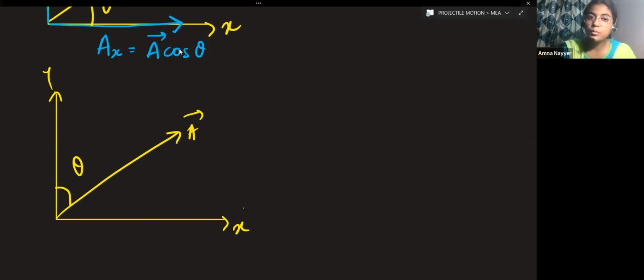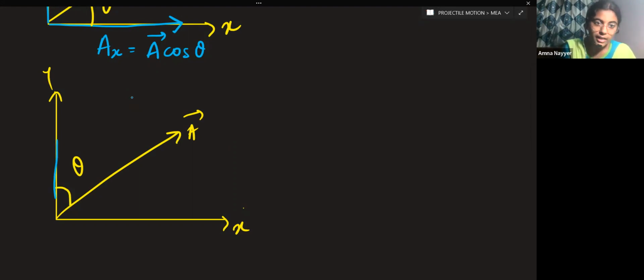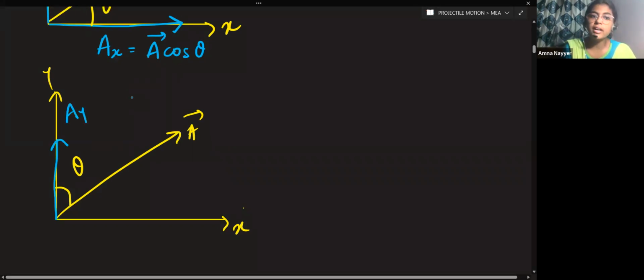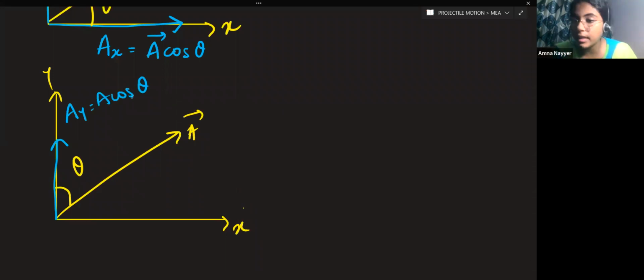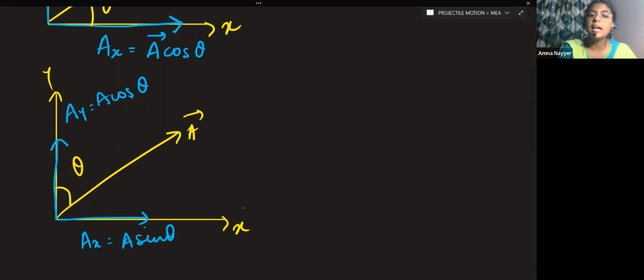The axis with which the angle is made, you choose that as cos. Here y-axis is making angle theta with the vector A. So along y-axis, AY will be equal to A cos theta. This time it will not be A sin theta because the angle has been made with this axis. Here, the other one, AX, this time will be A sine theta. That's how you resolve vector components.